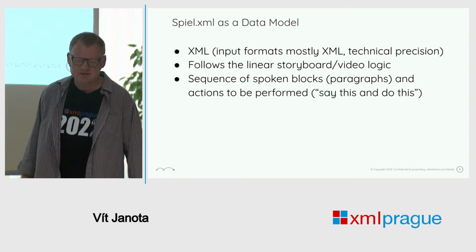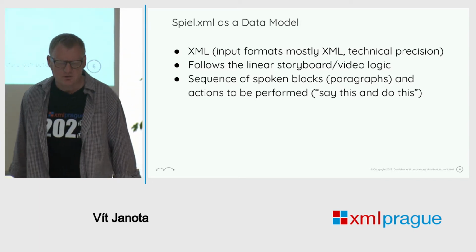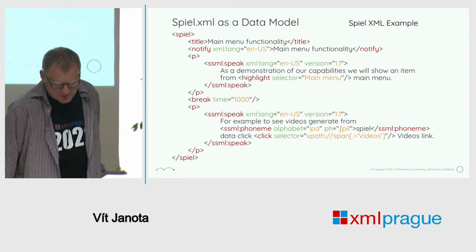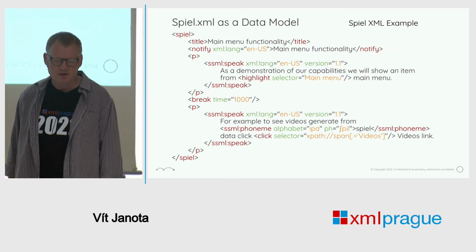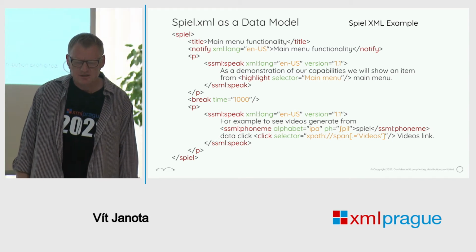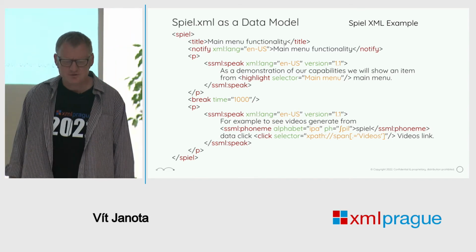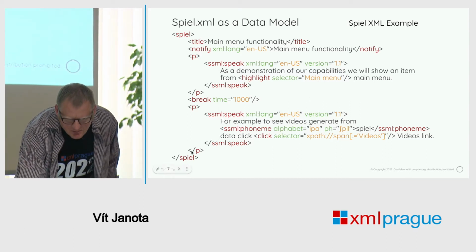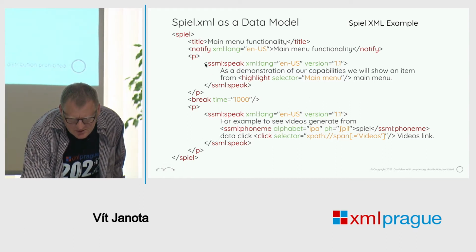So say this and do this, like the video goes. If I show you a very simple example of our Spiel.XML, you can see that I was cheating a bit, I was not precise a bit. It is, in a sense, a linear sequence, but there are some exceptions.